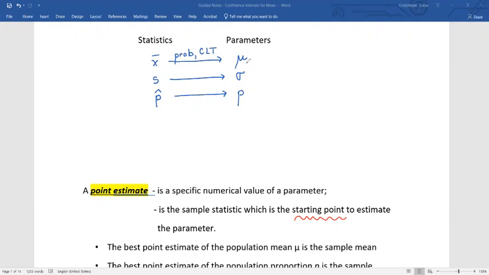One single value or a sample statistic? Well, it makes sense that I will be using X bar. So this is actually the point estimate. Point estimate for the mean is X bar, for sigma will be S, and for P will be P hat. These single values, starting points, are called point estimates.